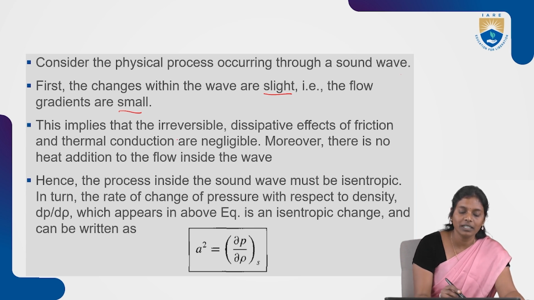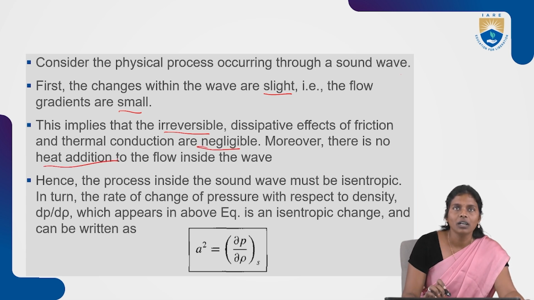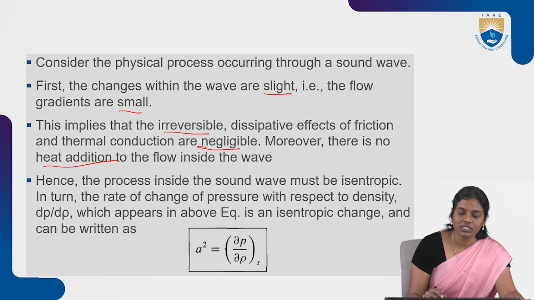So this implies that it is reversible. Dissipative effects of friction and thermal conduction are negligible. Moreover, no heat addition to the flow inside the wave is considered. Hence the process inside the sound wave must be isentropic, since it is reversible, the dissipative effects of friction and thermal conduction are negligible, and there is no heat addition. So it is an isentropic condition.